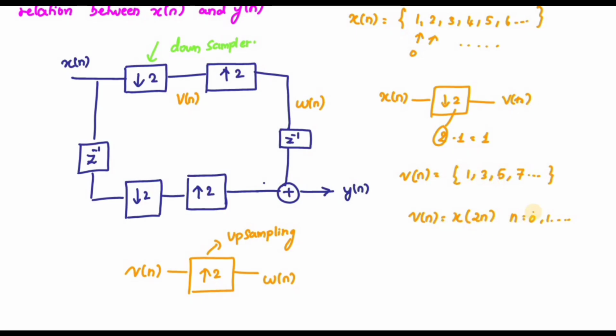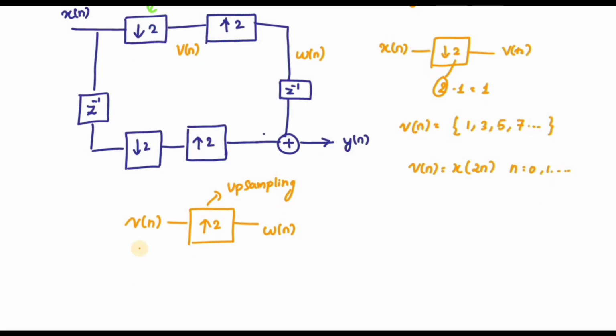Now if I apply it to the upsampler, what will the upsampler do to v of n? My w of n is going to add 2 minus 1 zeros, and 2 minus 1 is 1, so 1 zero in between this 1 and 3. So I will get 1, 0, 3, 0, 5, 0, 7.